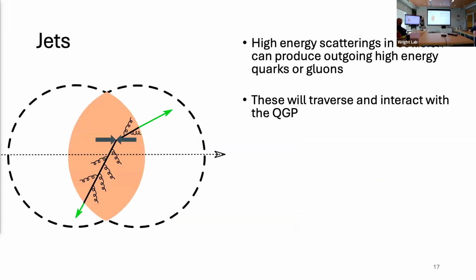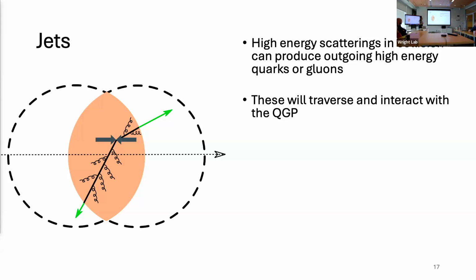But we're really lucky in that the QGP is formed in these collisions that also form its own probe. And that probe is jets. So if you have a high energy scattering in the same collision that produced the QGP, then you can produce high energy outgoing quarks and gluons. And these are going to go through the QGP and interact because they have a color charge.